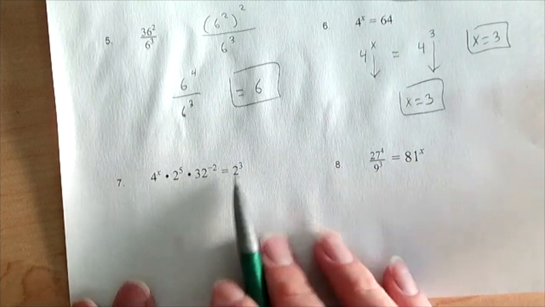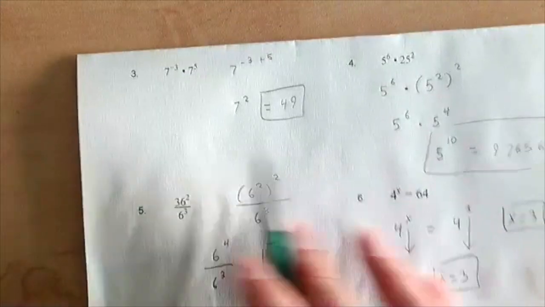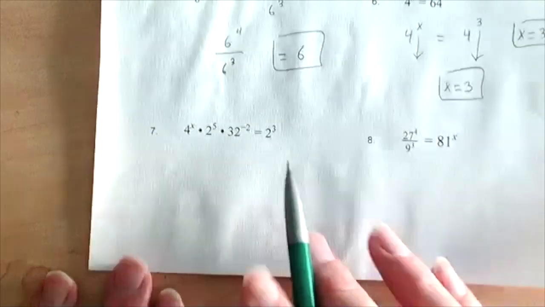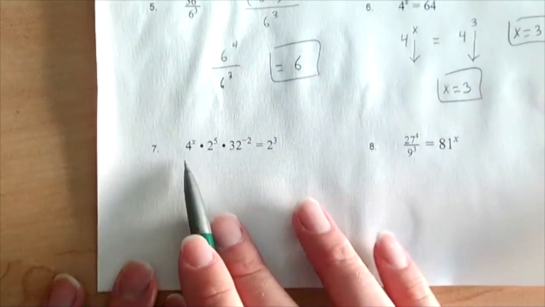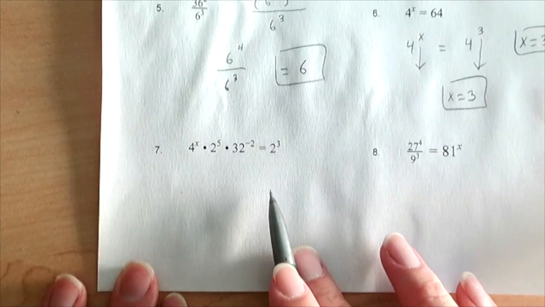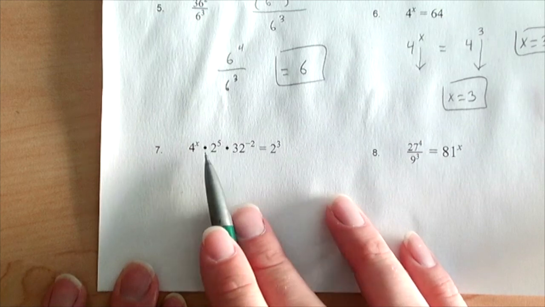And while this looks awful, what you have to realize is that it's just a longer version of something like this, where all we really have to do is turn every number into the same base, okay? And in this case, the base number is going to be 2, right?